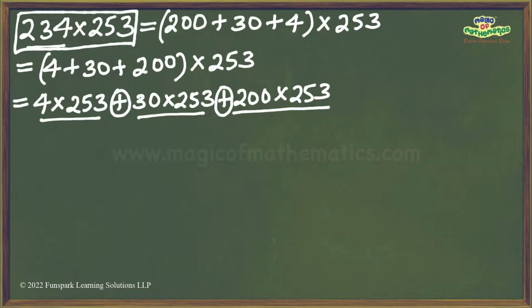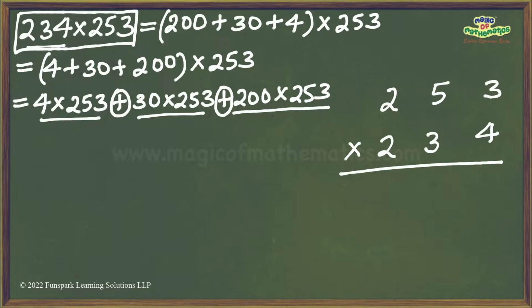For doing this, I will now write my multiplication problem like this and use the space under this line to record the results of 4 times 253, 30 times 253 and 200 times 253. 4 times 253 involves a single digit multiplier and we know how to do this. 4 times 3 gives me 12.